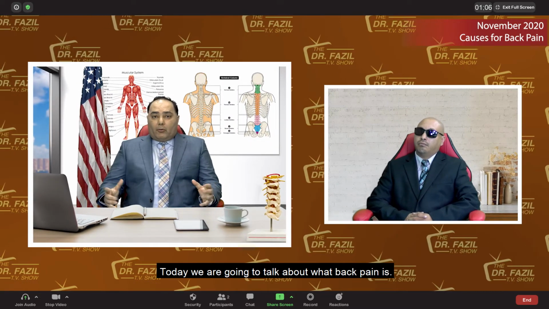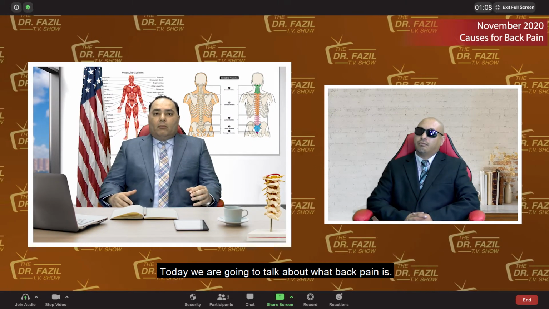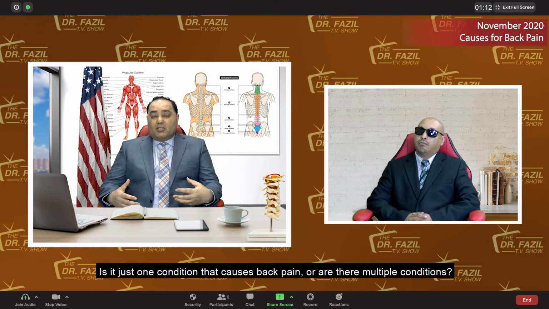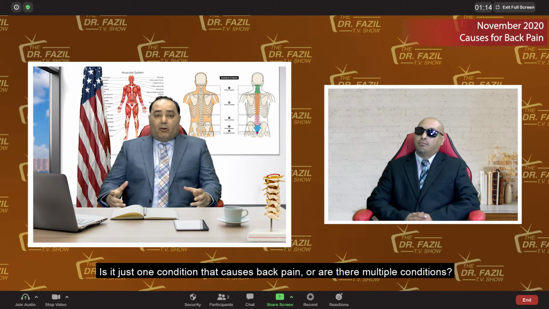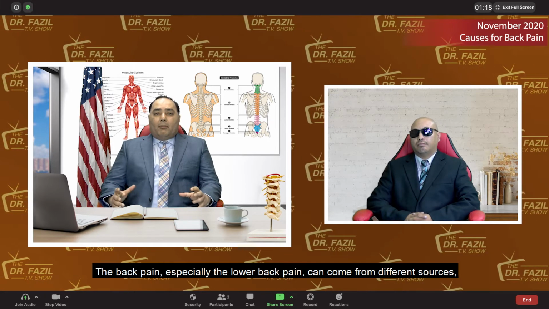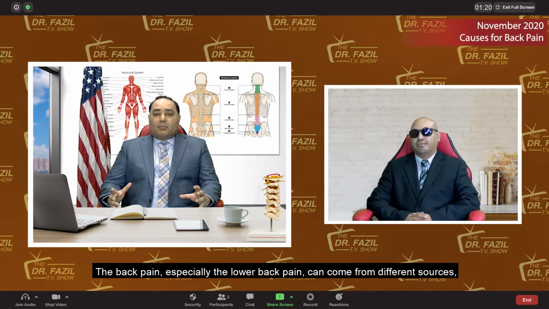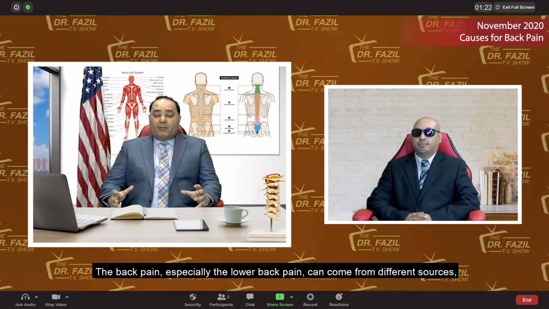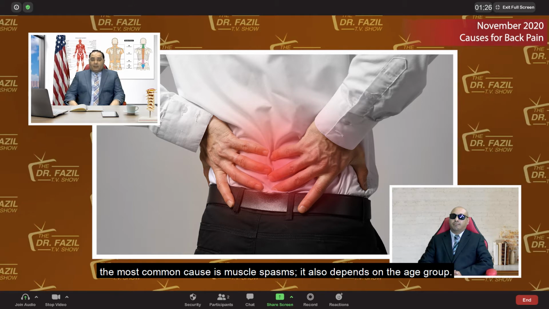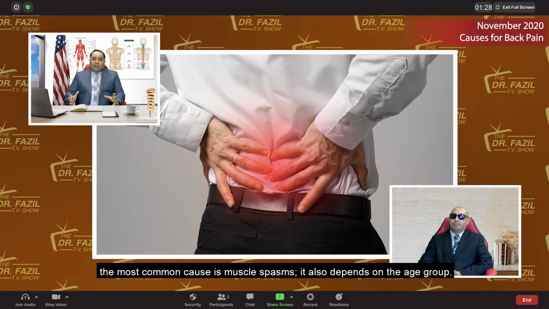So today we're going to talk about what back pain is, where it comes from, whether just one condition causes back pain, or whether there are multiple conditions. Back pain, especially lower back pain, can come from different sources. The most common cause is muscle spasm. It also depends on the age group.